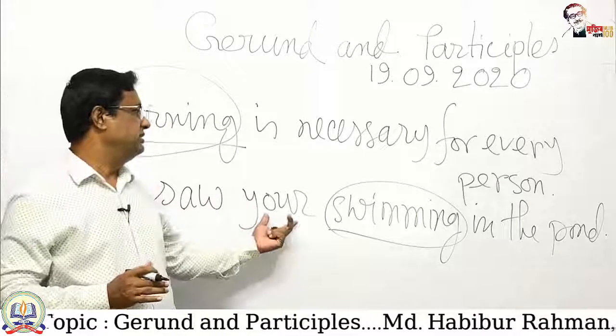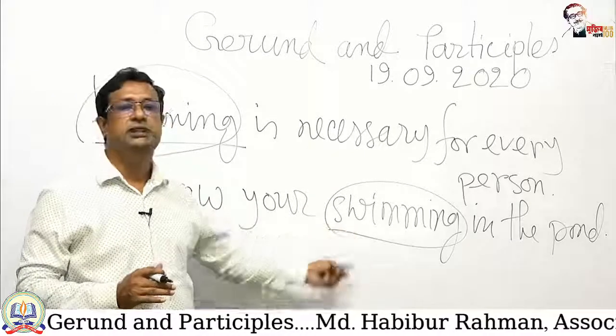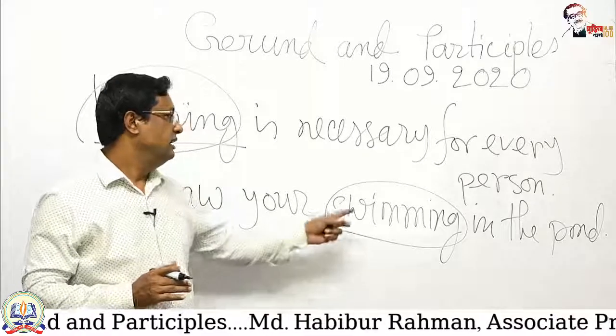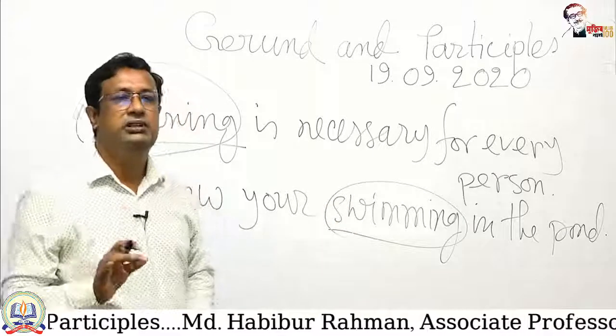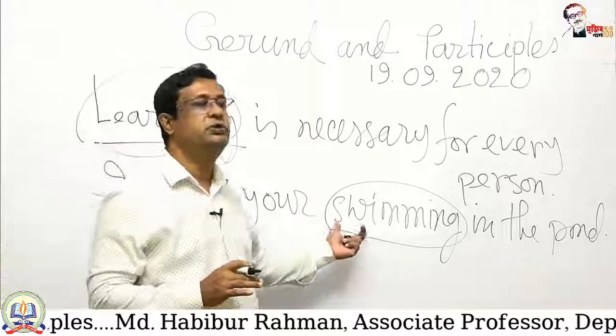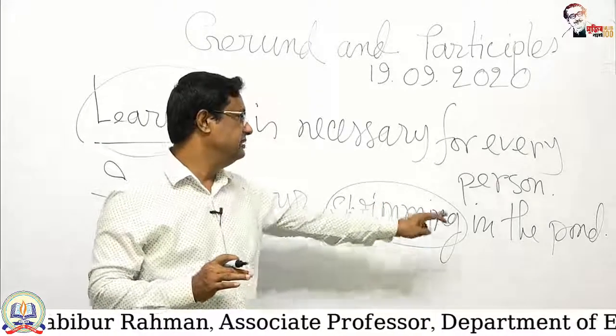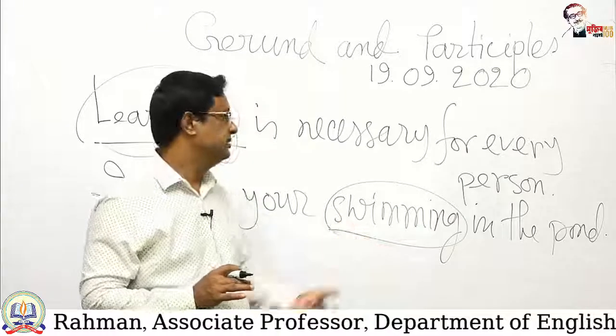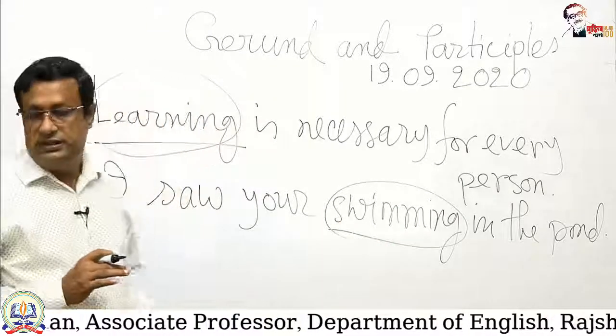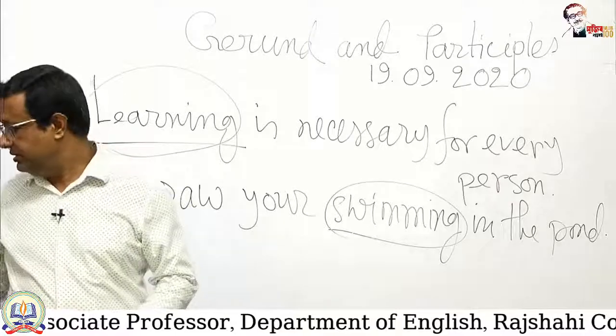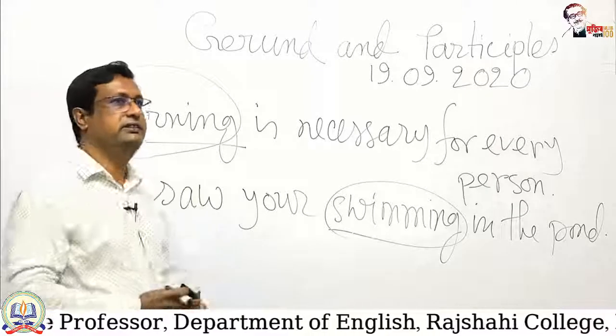Here your is the determiner and swimming is the noun, and we know the base word of swimming is swim, and I have added ing after swim. In this way we can show you some other sentences.